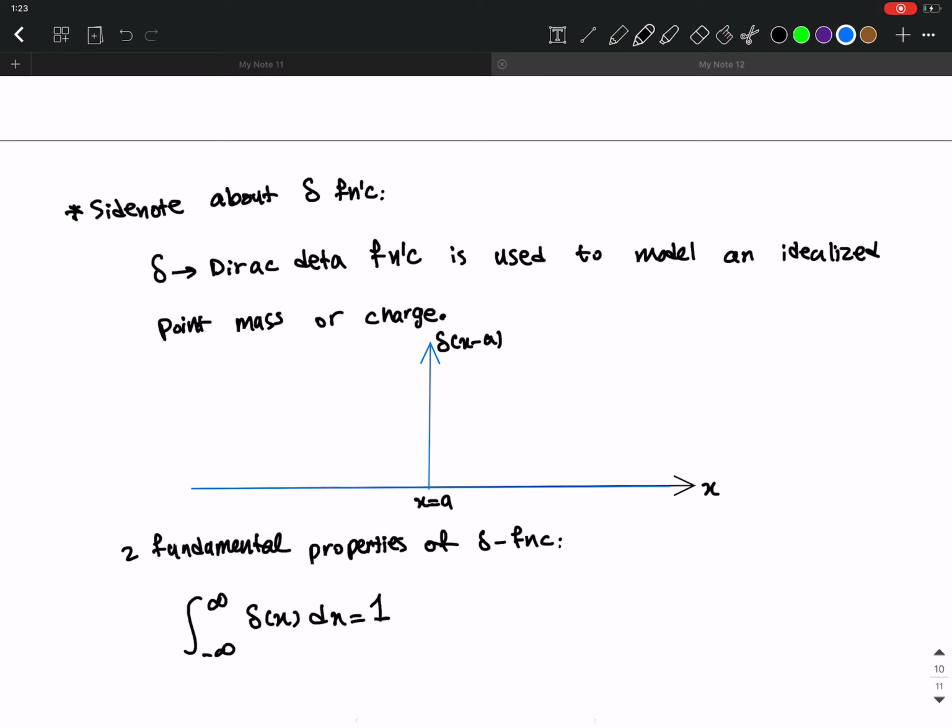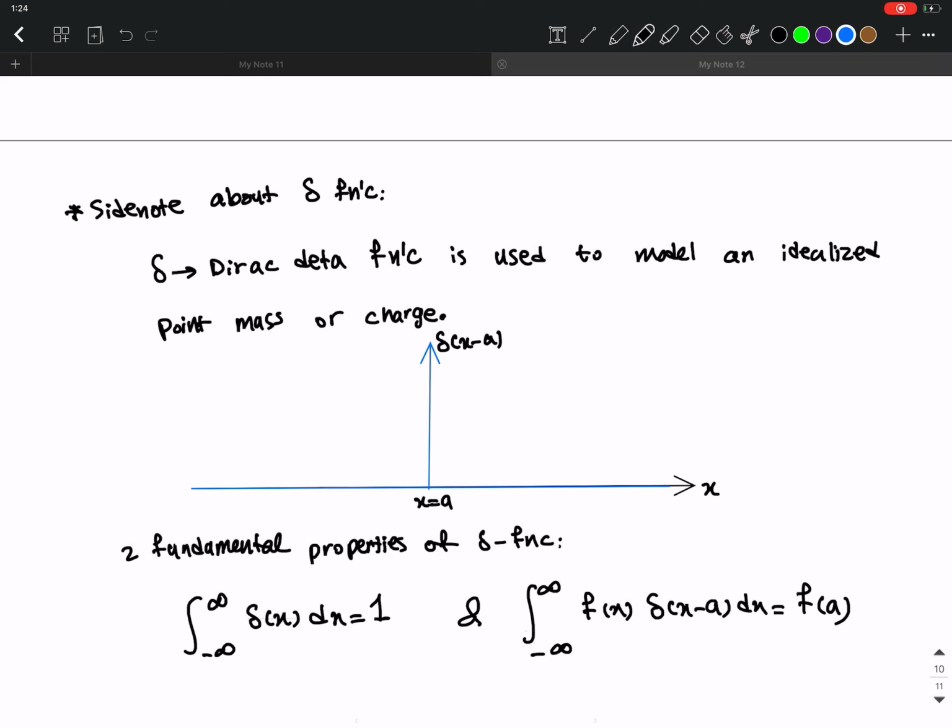When you take this integral, the sum of that should be 1. And the other one is when you multiply by a function, the integral of f(x) delta(x minus a) dx should give you f(a), the function evaluated at a.